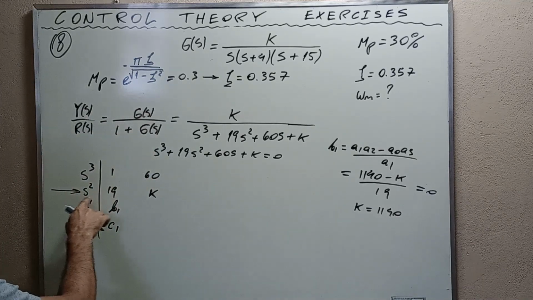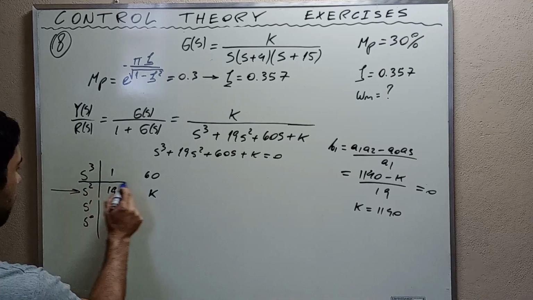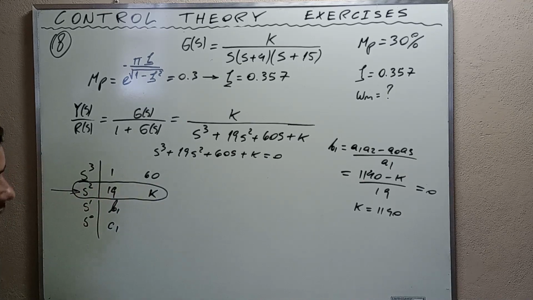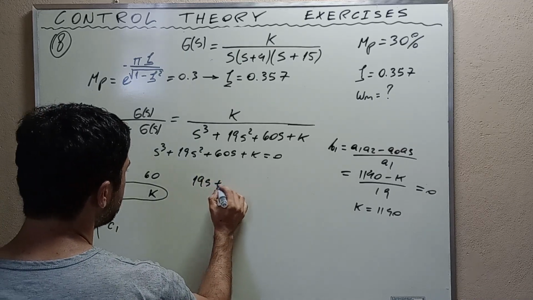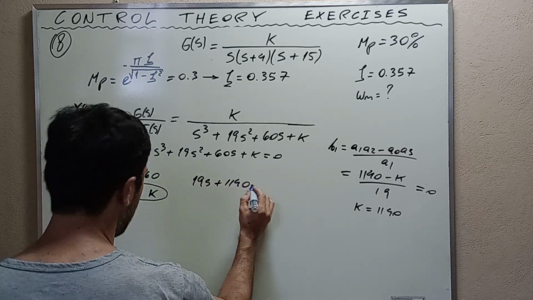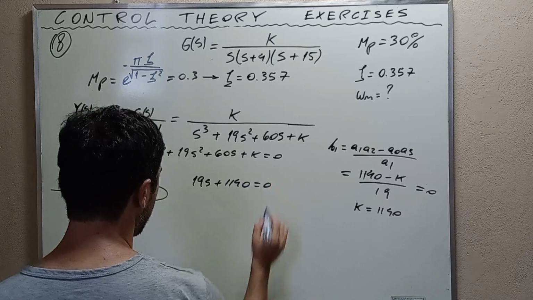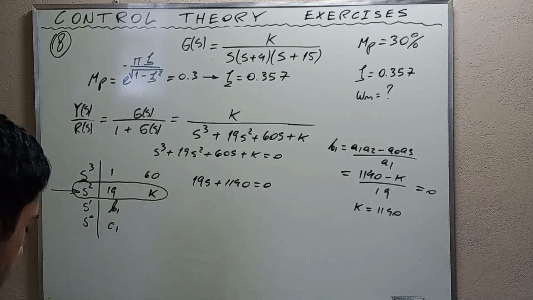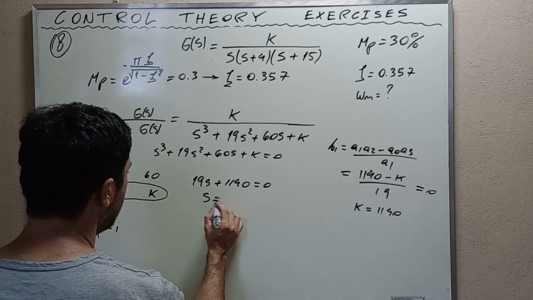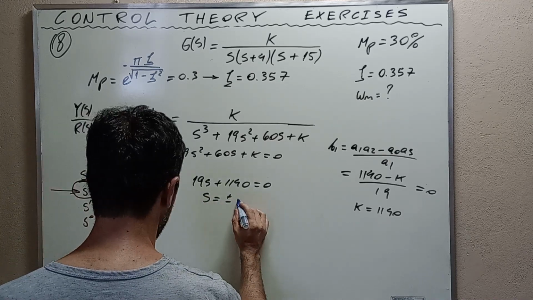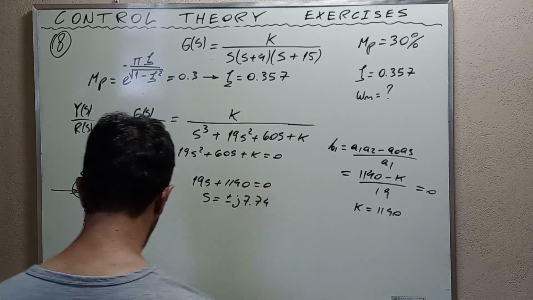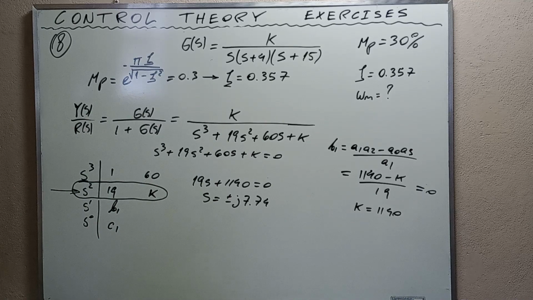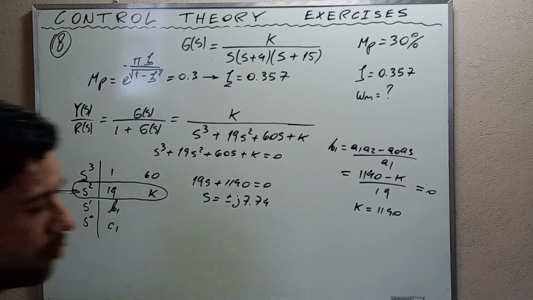We are going to use this here as an auxiliary equation: 19 times s squared plus 1140 equal to 0. And the roots are plus minus j 7.74. Okay? And now we already have the value of Wn. This is the value of Wn.